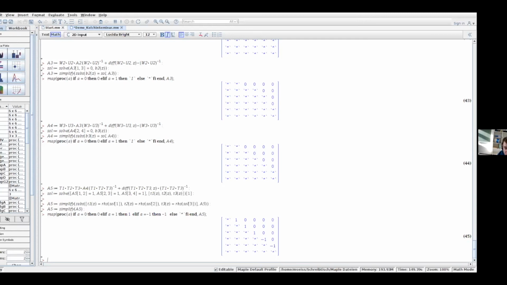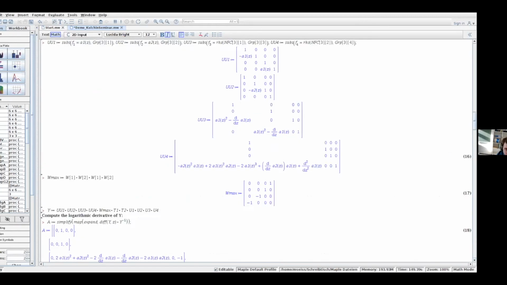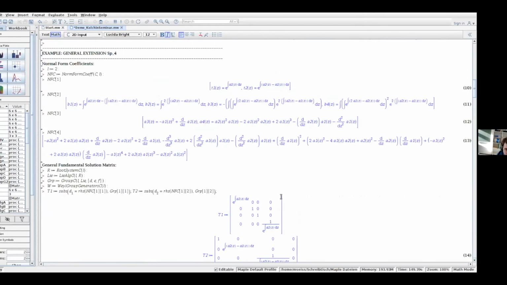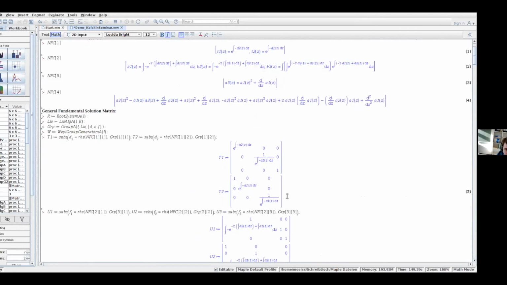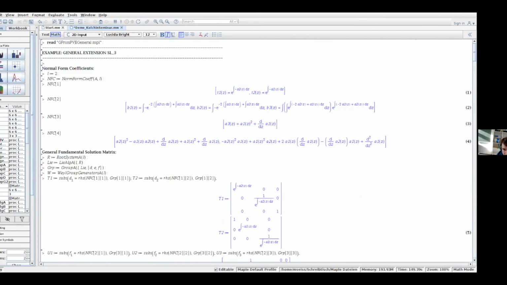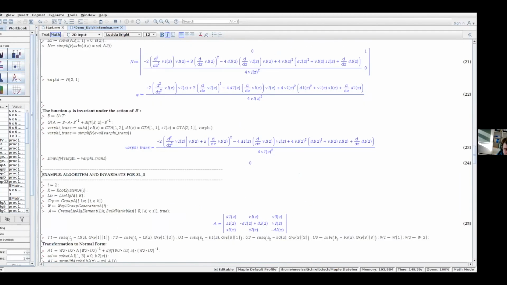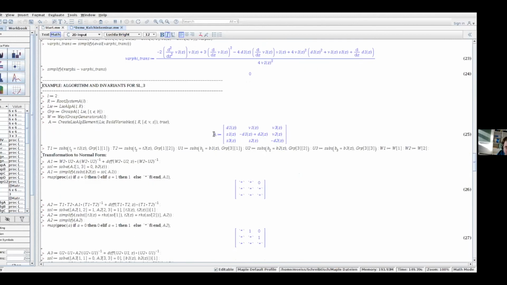How can I explain this a little bit? Here in the case of SL3, every entry has its own differential indeterminate. Now you transform, you use this one to relate that, and so on, and then this one swaps somehow over.